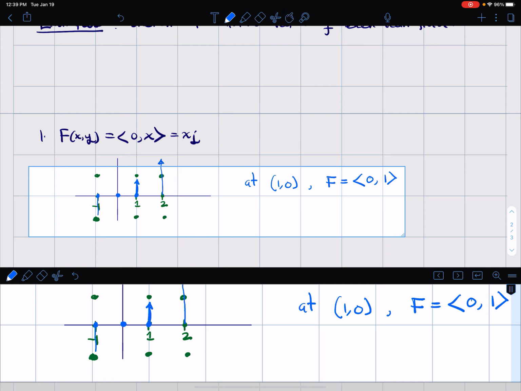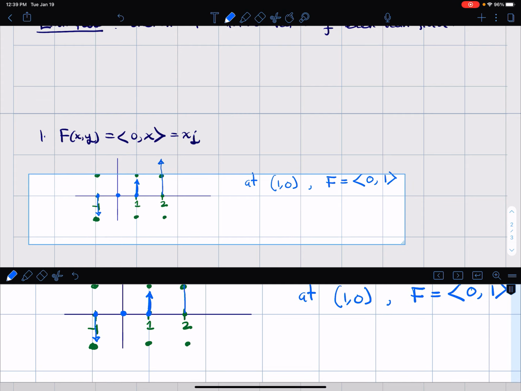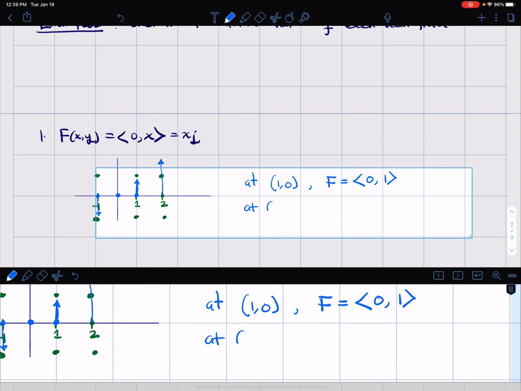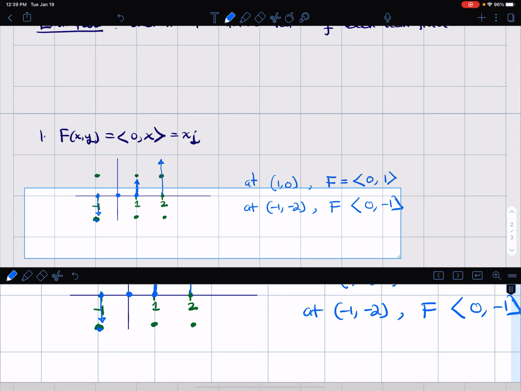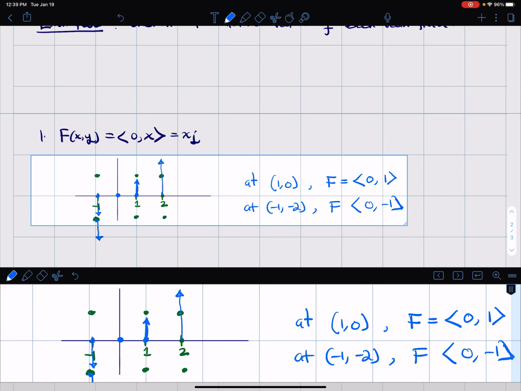So it's going to go down this way. However, at negative 1, negative 2, f is still just going to be 0, negative 1. It doesn't matter. So it's still going down just 1 along the y-axis and not moving at all along the x-axis.